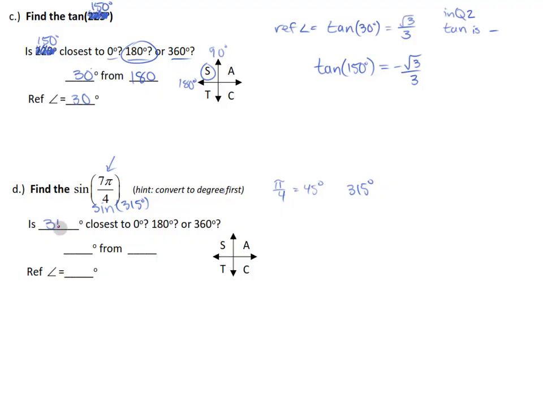So is 315 degrees closest to 0, 180, or 360? Definitely 360. And we are, in fact, 45 degrees away. Right? So we are going to use 45 degrees as our reference angle. So let's find the sine of 45 degrees.